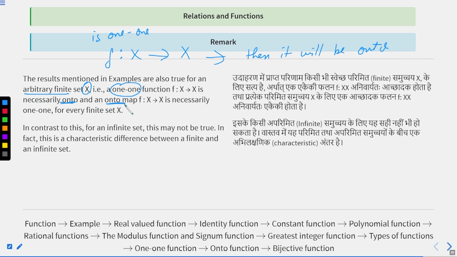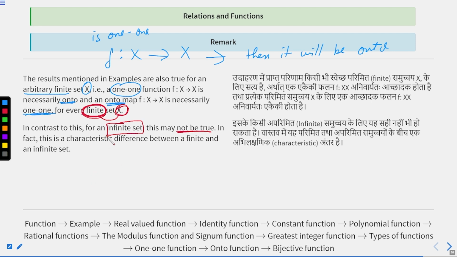If it is given onto, then it will necessarily be one-one. Only if we are given that X is a finite set. We are only talking about the finite set.